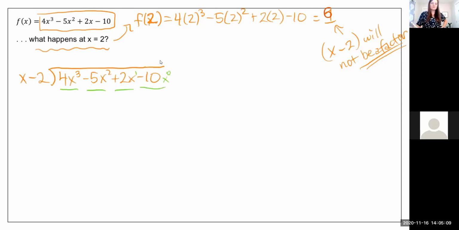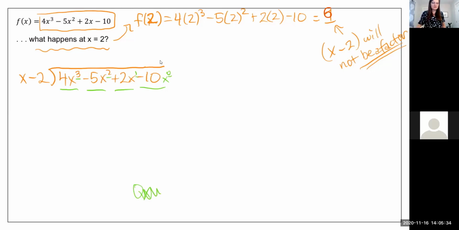We often don't write the x to the 0, but a constant term has an x to the 0. If you're missing any one of these, like if you're missing the 2x, you still need to make it 0x to fill that spot. If you don't fill that spot, your whole process is going to be wrong. So be really careful to make sure these are all there.